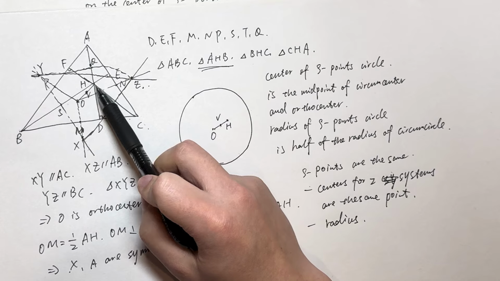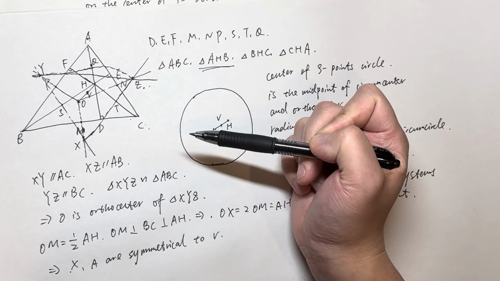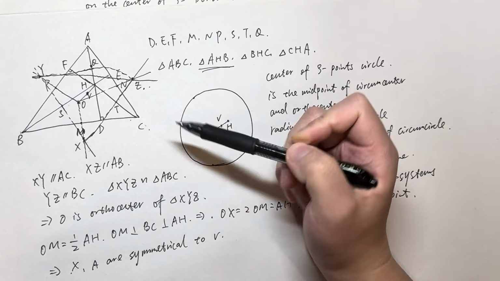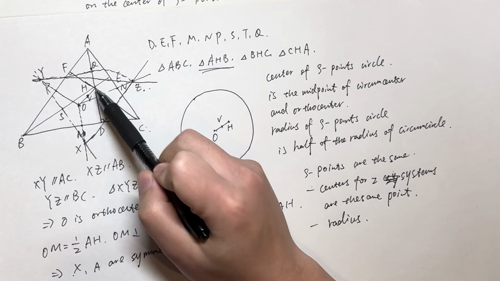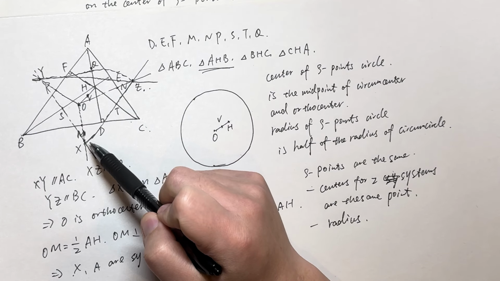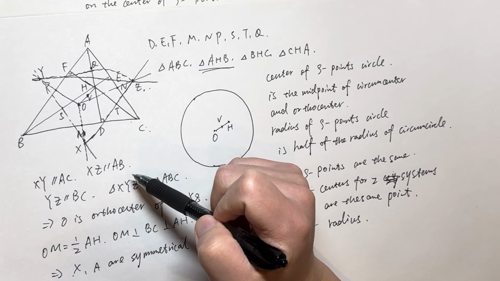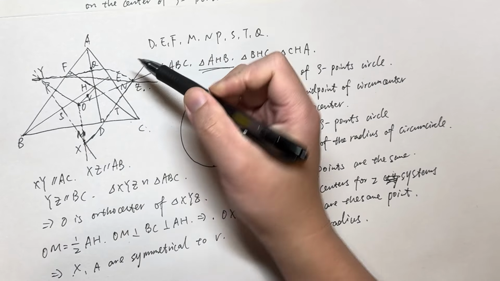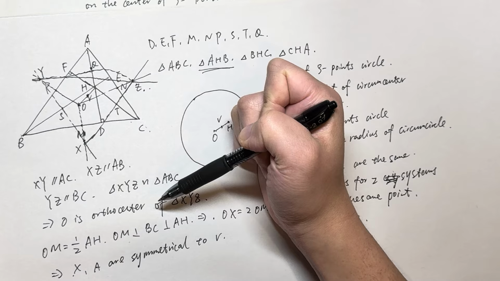So if you look at the point H, because we want to prove that H is a circumcenter of the triangle XYZ, that means we just need to prove that HX equals HZ, right?